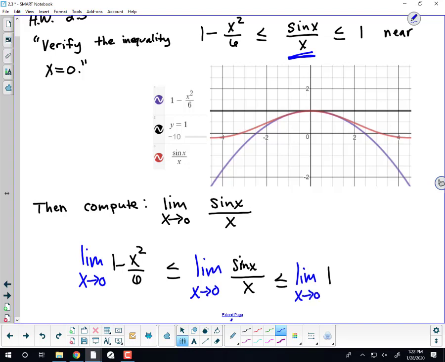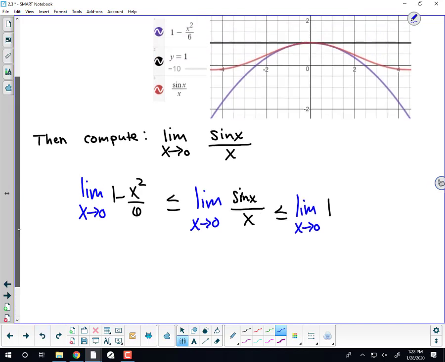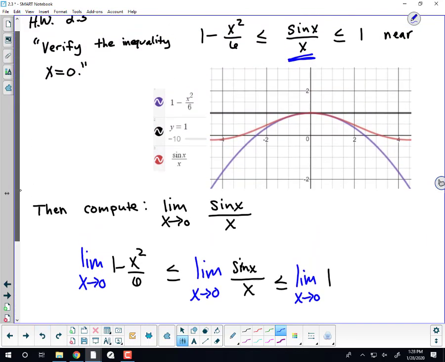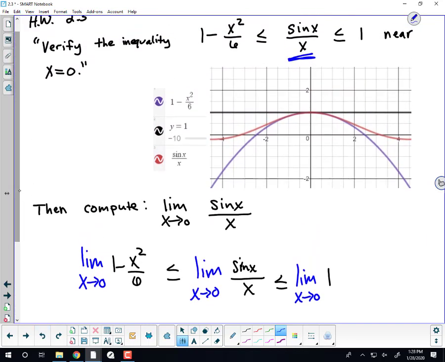So that's kind of how these problems show up. That inequality is not intuitive at all, so it's just given to you, and then based on that inequality, you compute a limit.